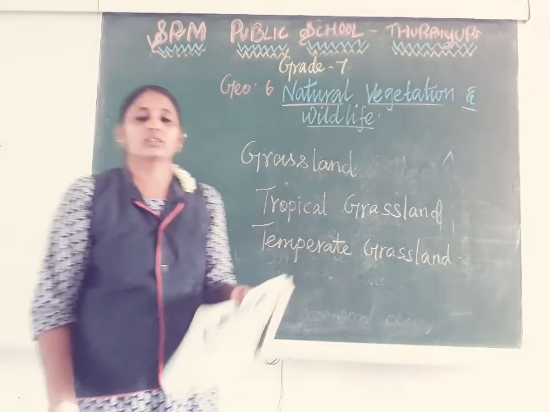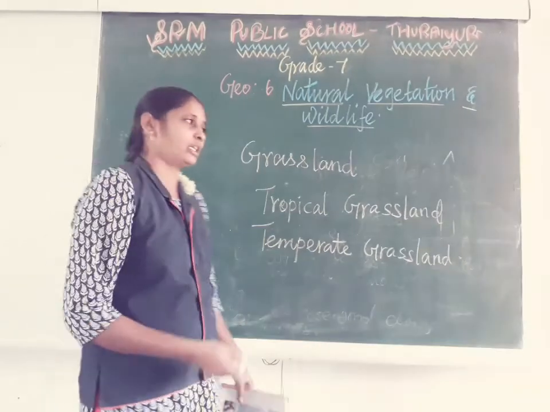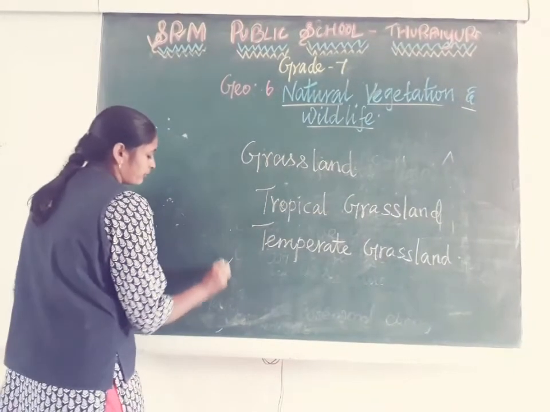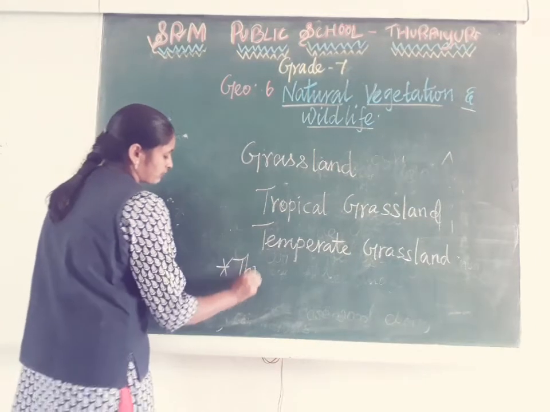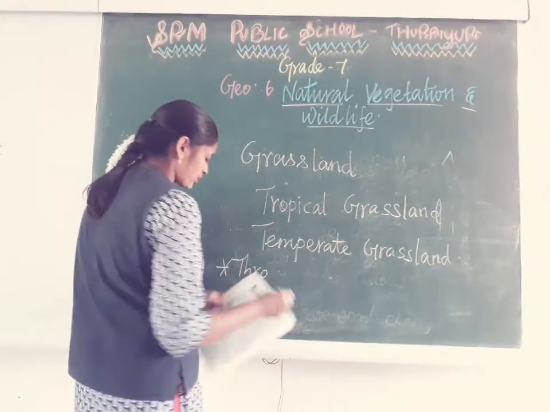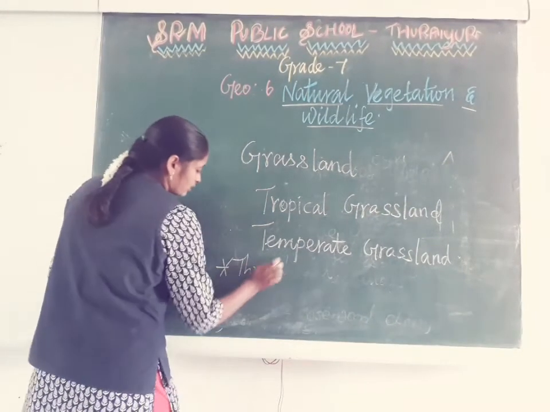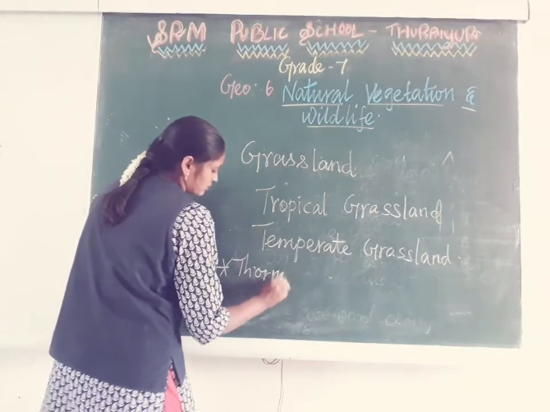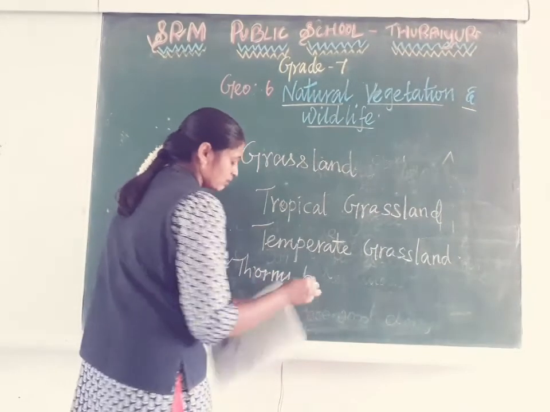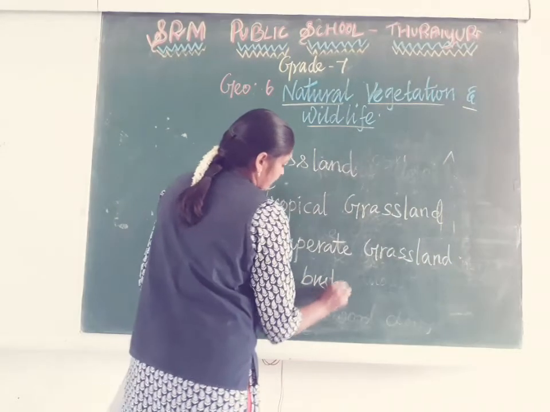In the desert region, what type of plant can we see? Thorny bushes. We can see thorn bushes in the desert region.